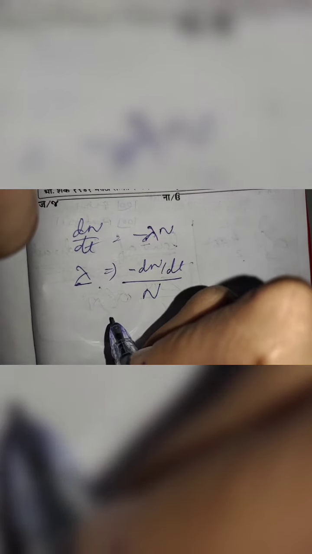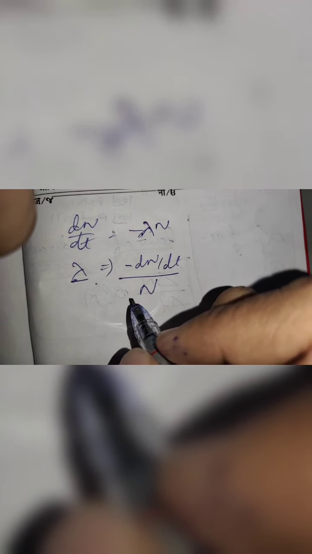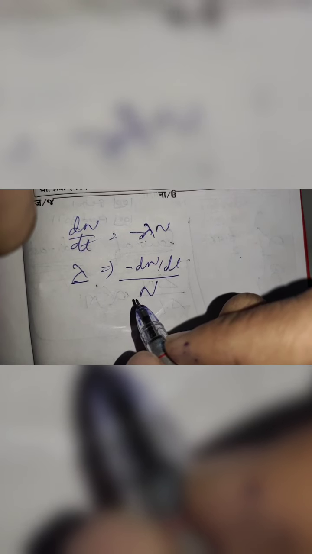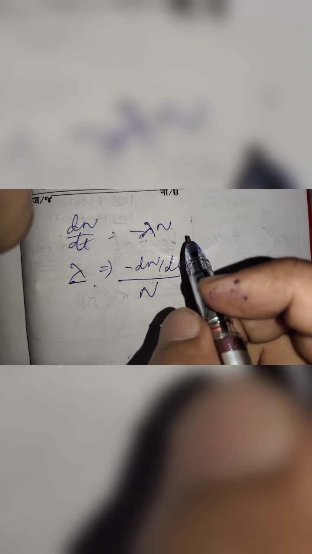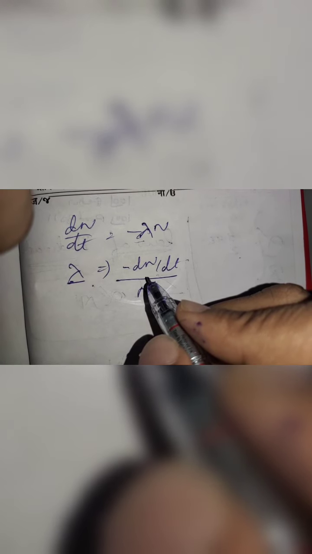Writing this equation as follows, lambda is equal to minus dN by dt divided by N. Then lambda is the ratio of the instantaneous rate of disintegration at a given instant to the number of undecayed nuclei at that time, called the decay constant or radioactive constant. The probability of disintegration per unit time of a radioactive element is called the radioactive constant.